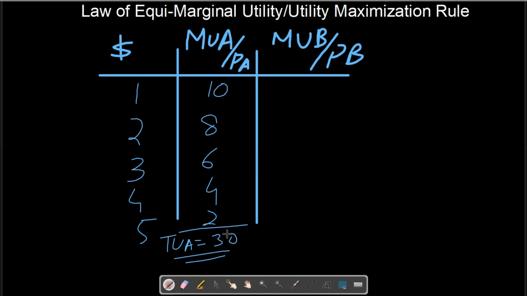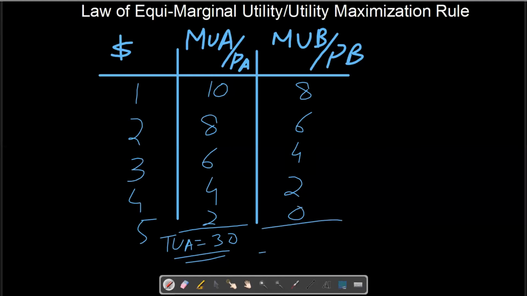Now, if we assume that instead of purchasing product A, the consumer spends all of his income on product B, then the marginal utilities of B per price would be: on the first dollar he gets 8 units of satisfaction, on the second he gets 6 units, on the third he gets 4 units, and then 2 units, and then 0.